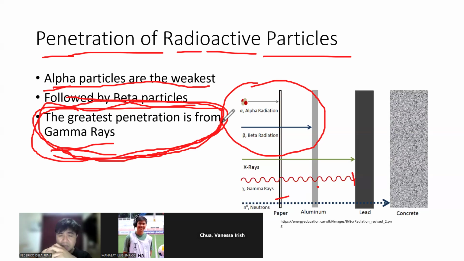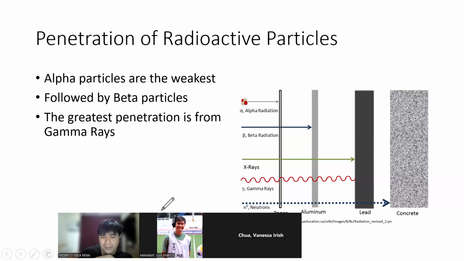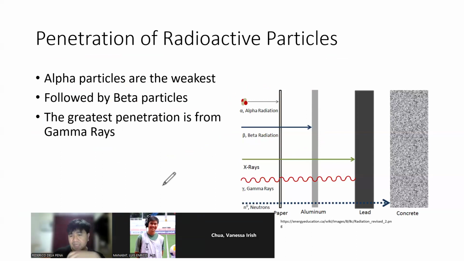So if you are doing, for example, airborne radiometric spectroscopy, you're only penetrating the upper 10 centimeters of the soil. So radiometric methods, especially airborne radiometric, are good for mapping surface soils.